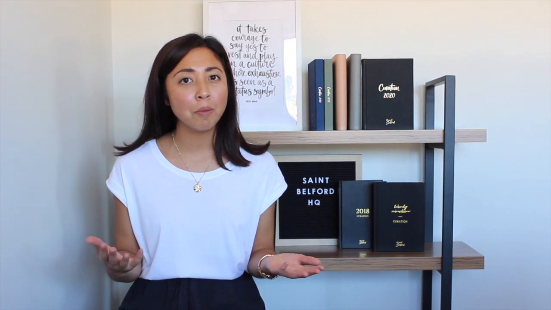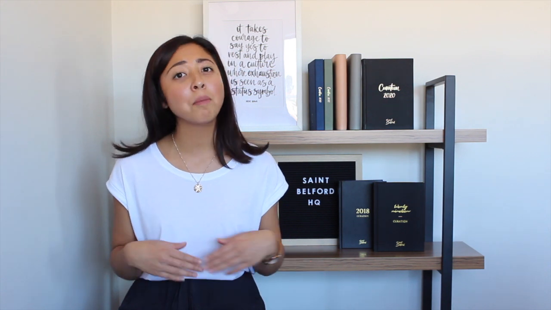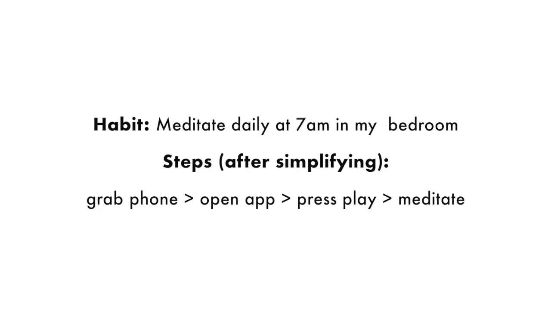The other thing you could do is also choose your meditation in advance. So some apps will allow you to set a default meditation, in which case you can just open the app and press play. After making these changes, your habit might look something like this. Grab phone, open app, press play, meditate. By simplifying and streamlining this habit, we've eliminated 2 steps.